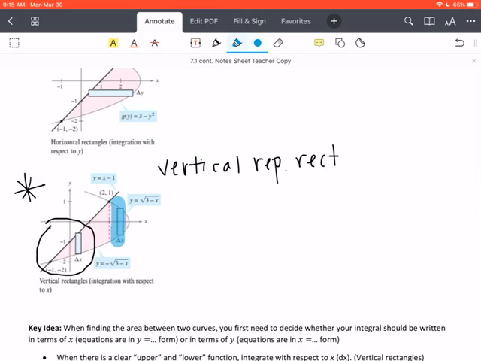What do we notice? We notice that the same function is the upper and the lower portion of that representative rectangle.